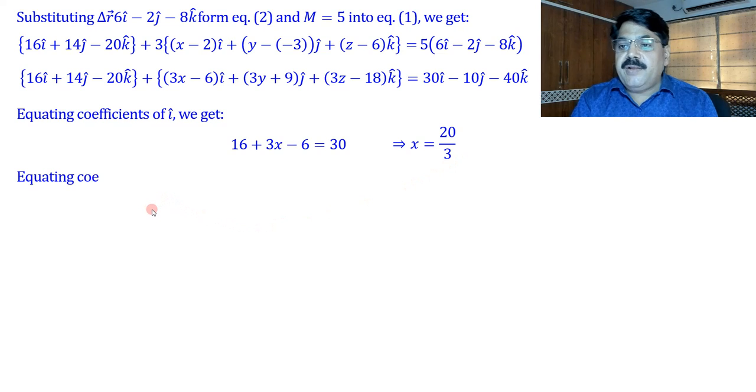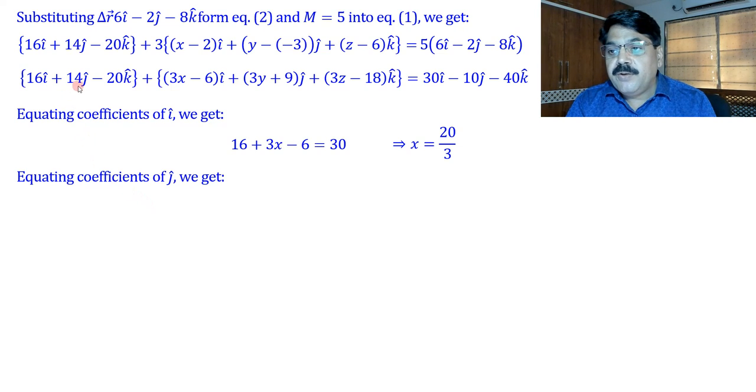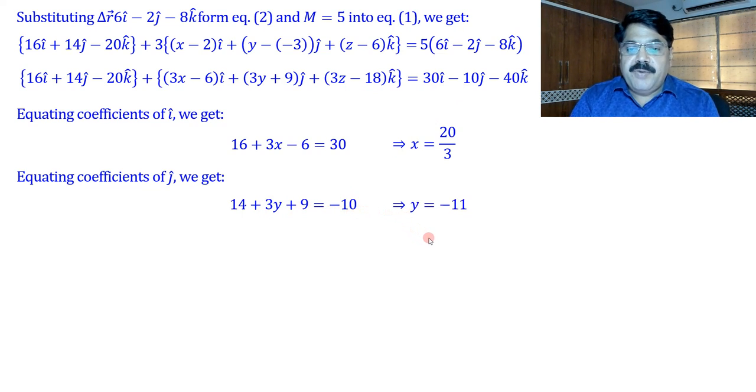Similarly, equating the j cap coefficients, for the y coordinate, it will be 14 plus 3y plus 9 is equal to minus 10. And by solving, we get minus 11. So the y coordinate of the second particle is minus 11 meter.